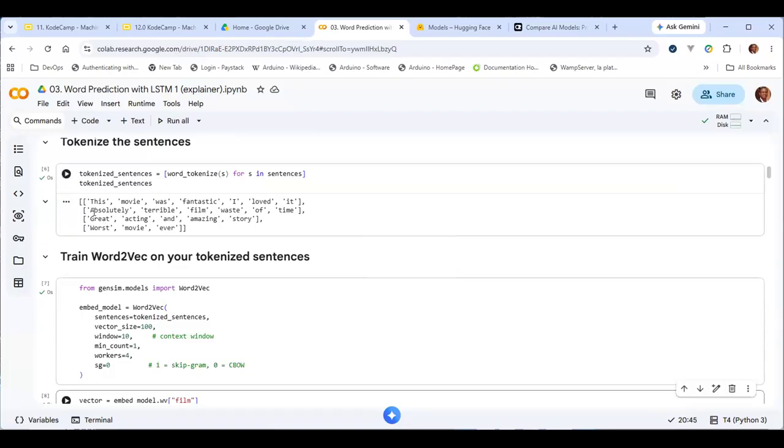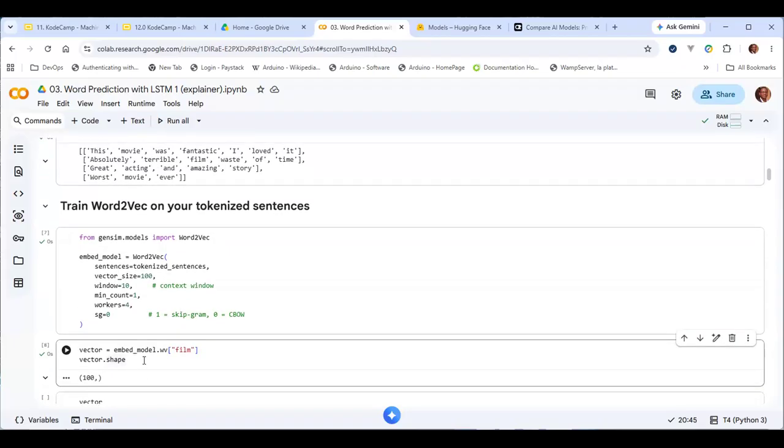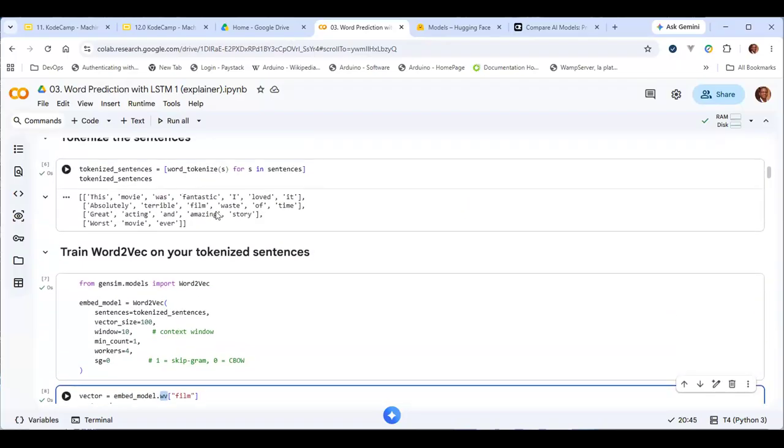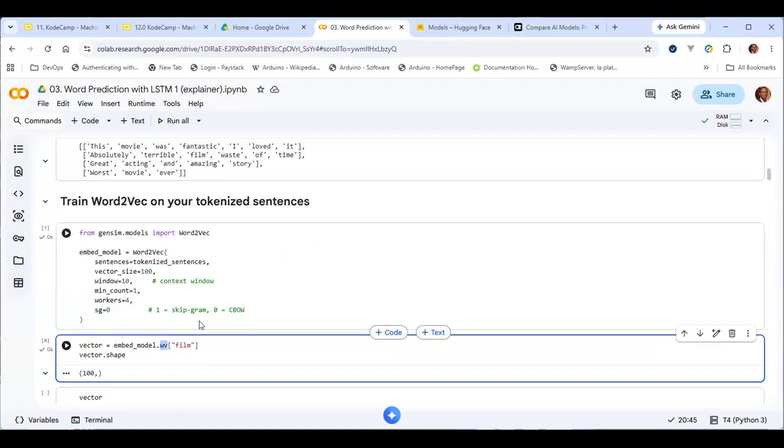So the vocabulary will be slightly less than 20 because you don't repeat words in a vocabulary. So if you now look at this, WV will give you the embedding for a single word in this vocabulary. You cannot get the embedding for a word that's not in this vocabulary, right?